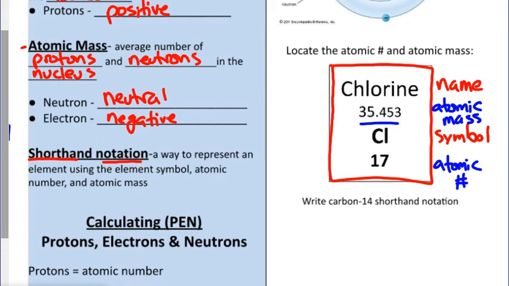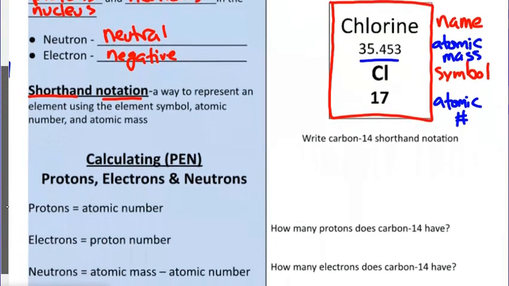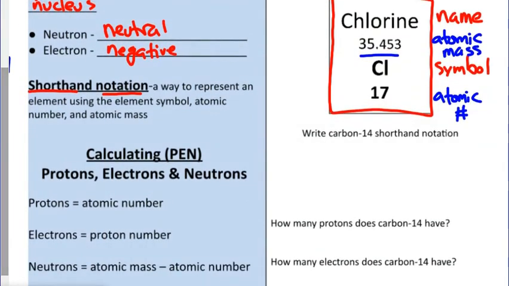But what we want to know is, given the specific number of neutrons or the specific mass number, how can we calculate the number of protons, electrons, and neutrons? And that's what we're going to talk about next, what we call calculating PEN, which is just an abbreviation for protons, electrons, neutrons. Okay?